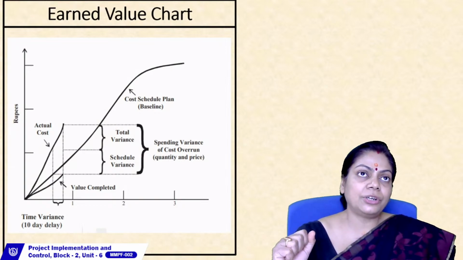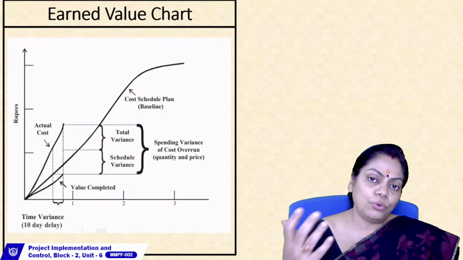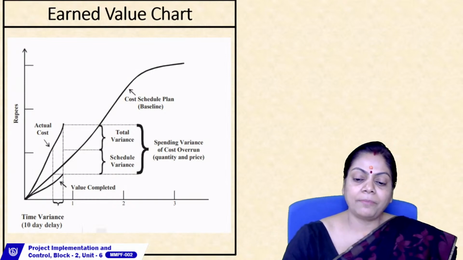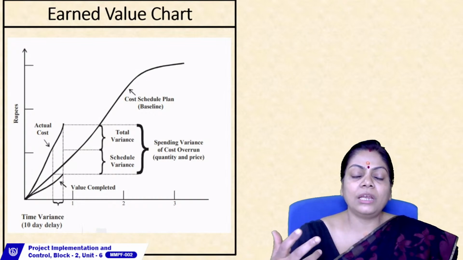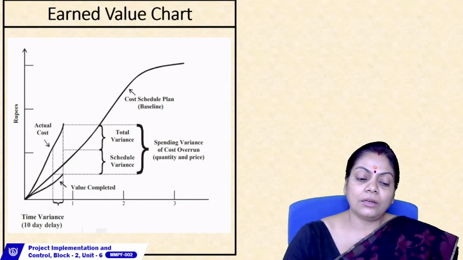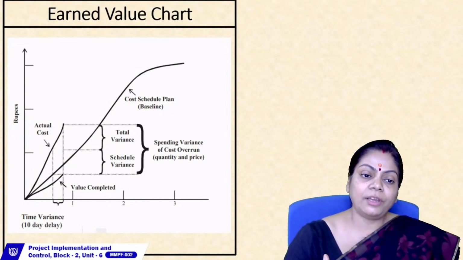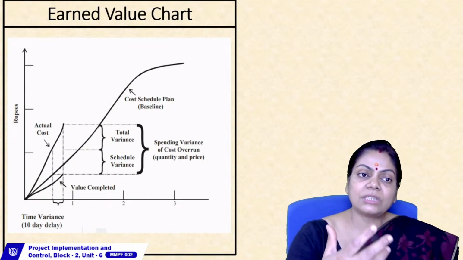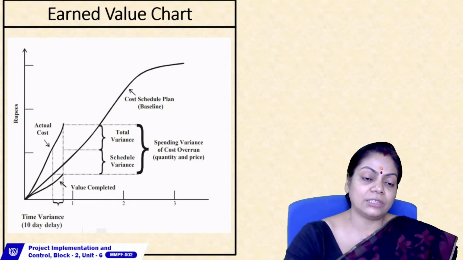The project manager can figure out what he needs to do to get the system back on track. He can do things such as borrow resources, or hold a meeting of the project team to see if people can suggest various changes. So this kind of chart will help the project manager look at what kind of variances he is facing.